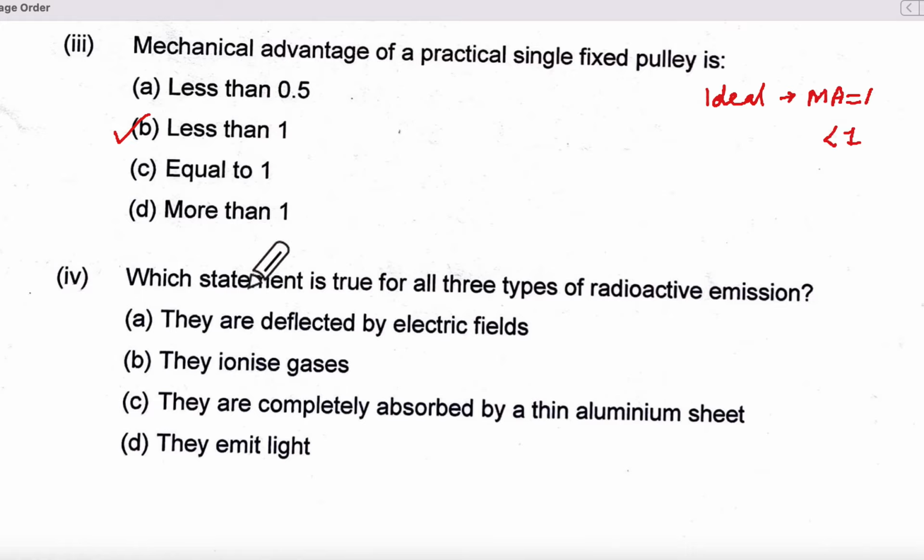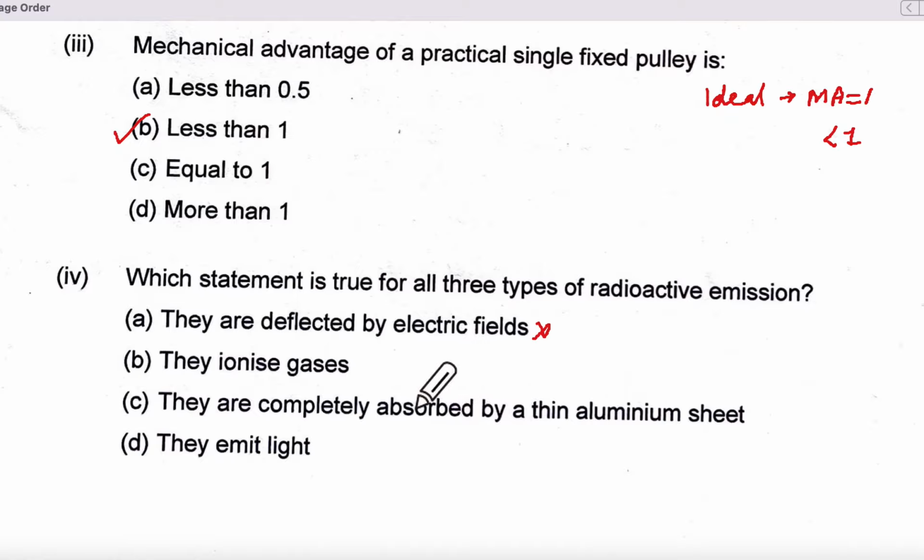Fourth one. Which statement is true for all 3 types of radioactive emission? They are deflected. Gamma doesn't get deflected, so this is not true. They ionize the gases. They do. They are completely absorbed by aluminium.